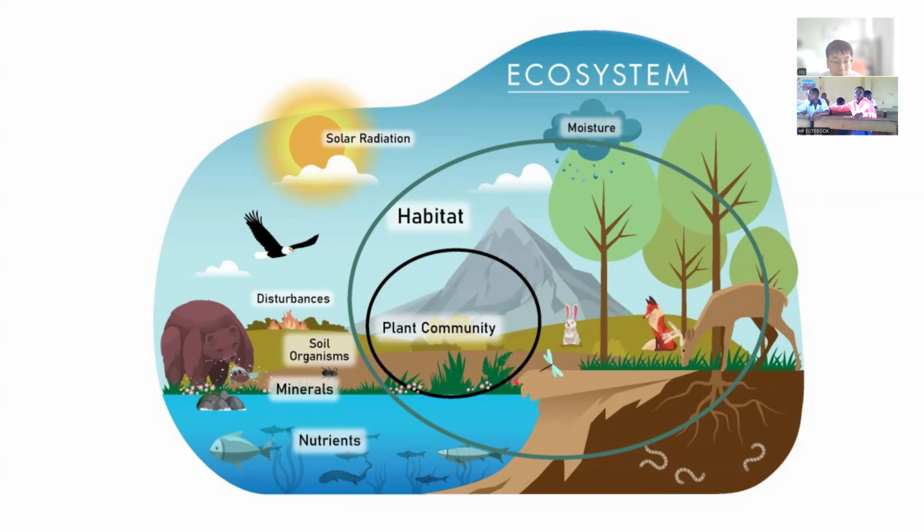Like here we see rabbits, bears, fish, deer, foxes, and eagles. All of them are living organisms that can be affected and affect each other.